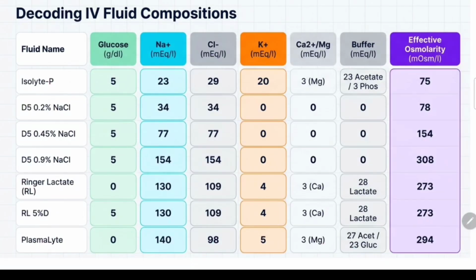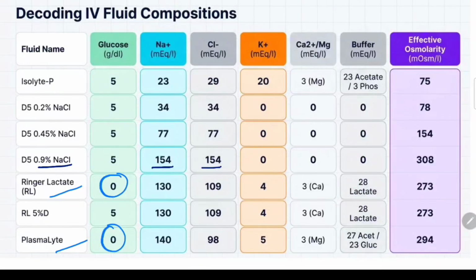Here we are seeing the compositions of commonly used fluids in the wards and ICUs. All the fluids contain glucose except Ringer lactate, no glucose, and Plasma-Lyte, no glucose. Now what about the sodium? The 0.9% sodium chloride, that is normal saline, has sodium of 154 and chloride of 154.